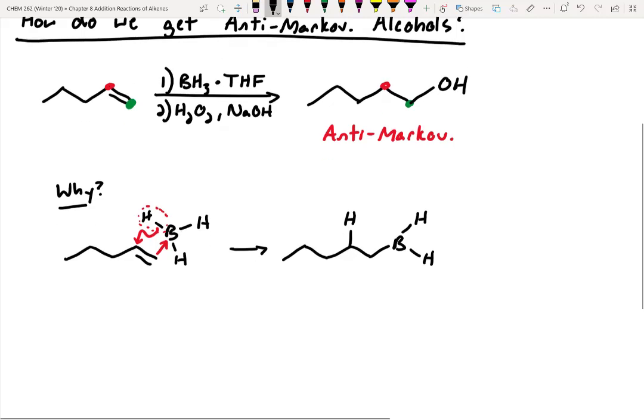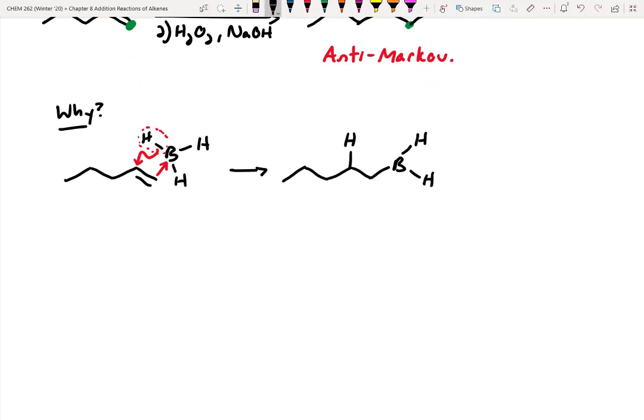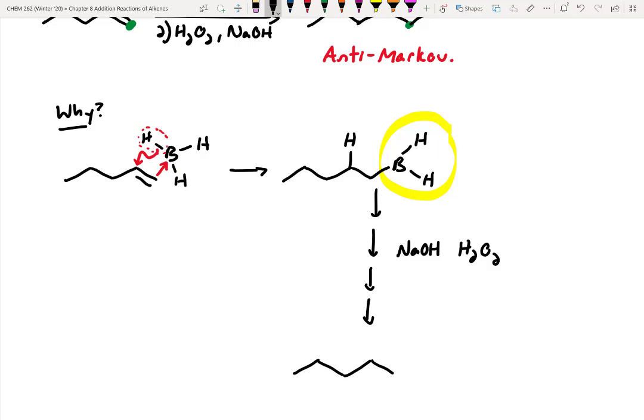So after this process is all said and done, in the next step, we oxidize this using sodium hydroxide and H2O2. This entire portion is going to be replaced with an alcohol. So we can swap that off with an alcohol in one step.